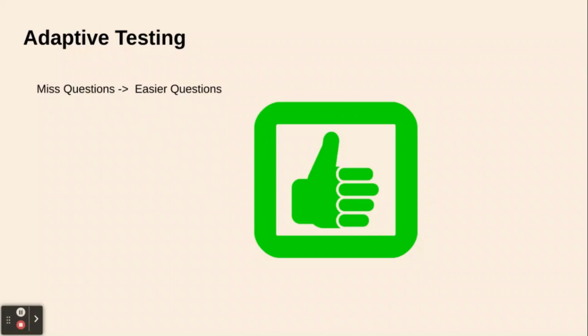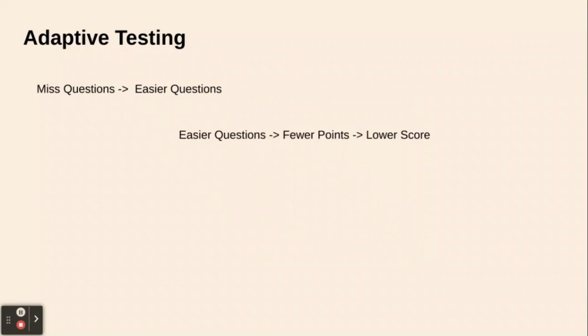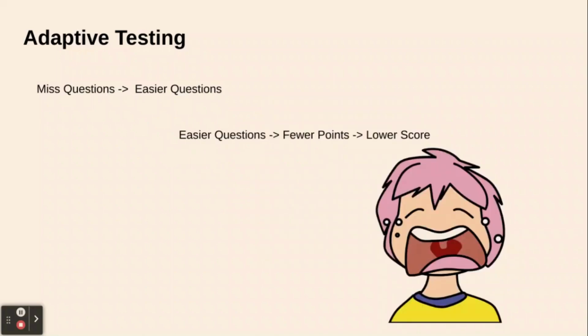And you might think, well, that sounds like a good idea, but easier questions is going to get you fewer points and lead to a lower score. Most of the time you'd say, I don't really want the harder questions, but for adaptive testing, you do want the harder questions.